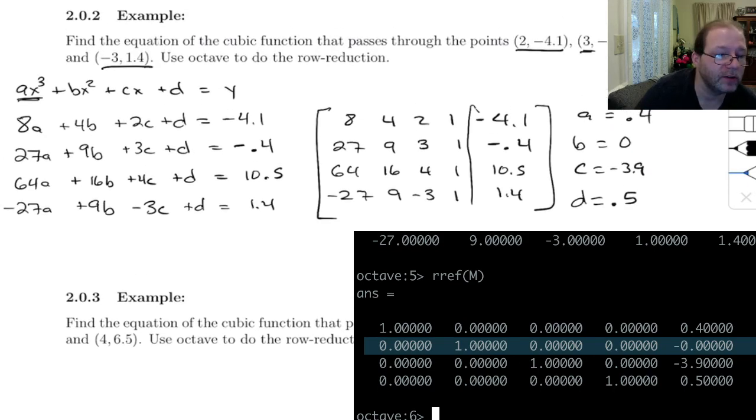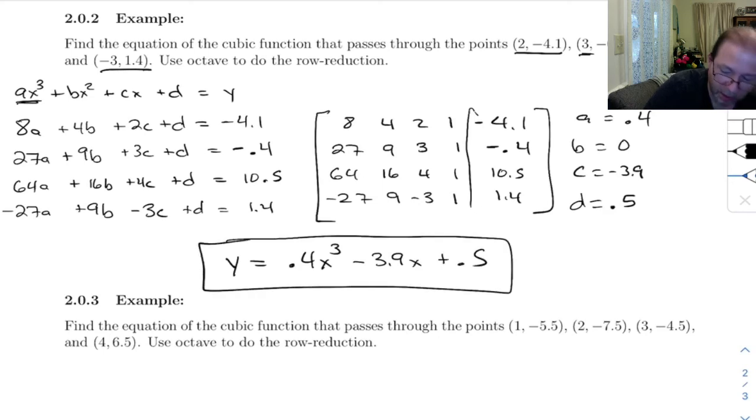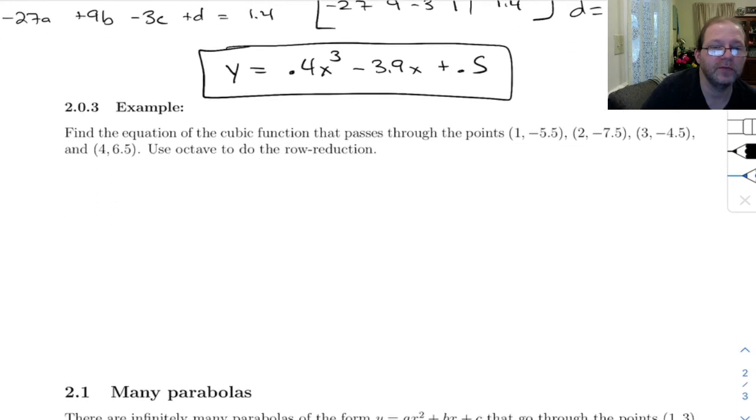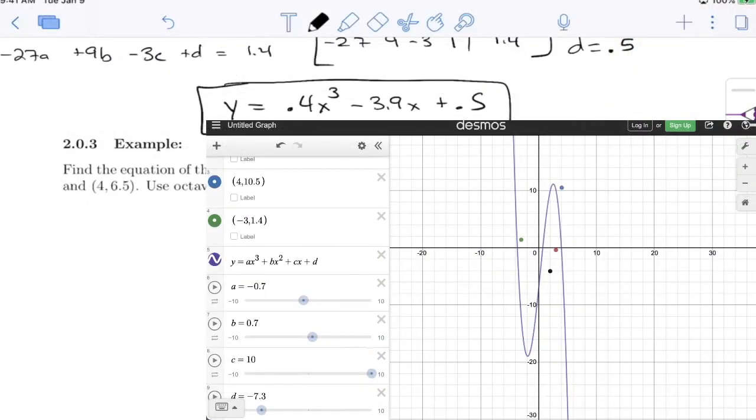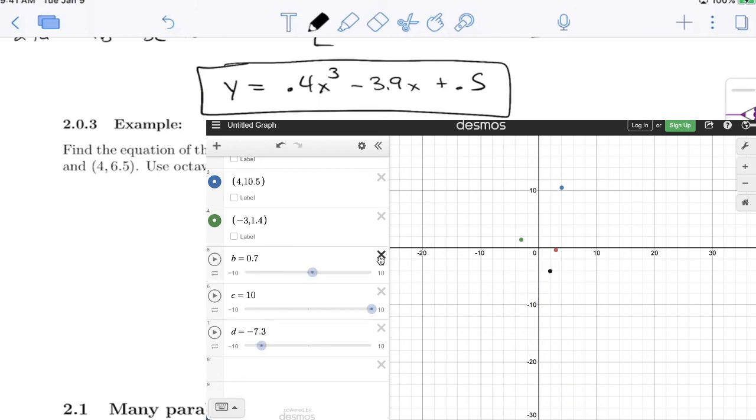All right, so let's disappear Octave here. And so my equation then is going to be y equals 0.4x cubed plus 0x squared minus 3.9x plus 0.5. Let's check and see if that fits all of those points. So let's plug that in and see if it hits those 4 points. Rather than dial it in with these sliders, I'm just going to delete all of this.